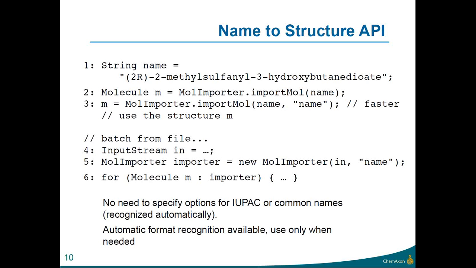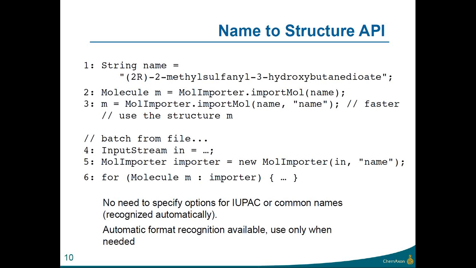Given that you are using name to structure, you can see that we didn't even say that we want to import a name. It's just a string. So the system will automatically recognize that it's not SMARTS, it's not something else, and it actually looks like a name, so it will be imported as a name. That's what happens in line 2. But in line 3, I just mention that you can specify that the format is name.